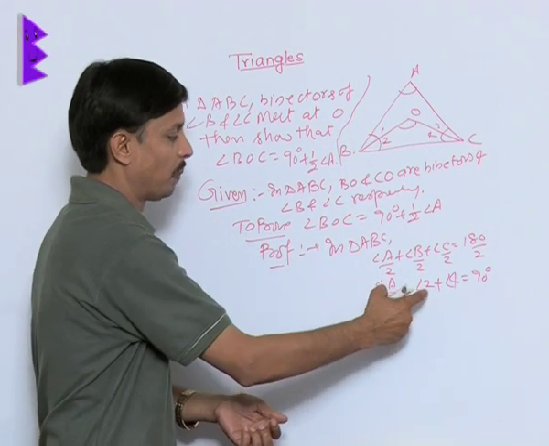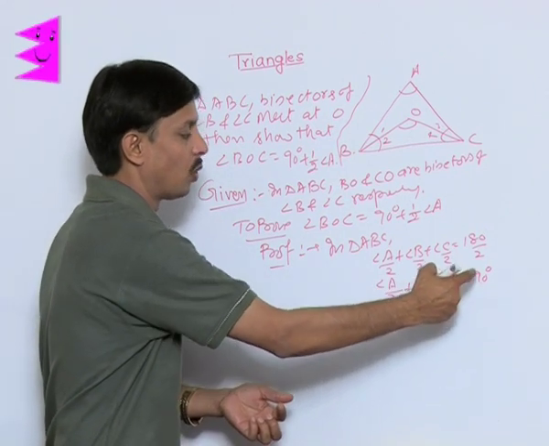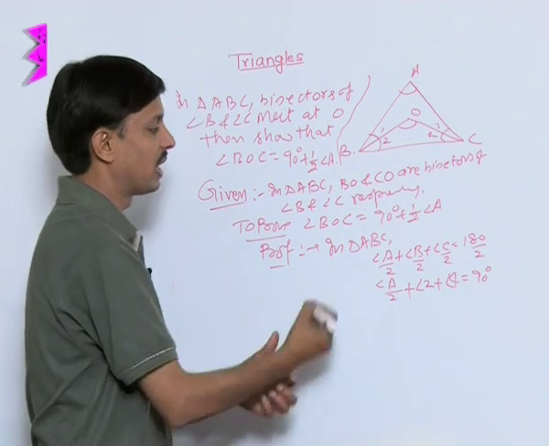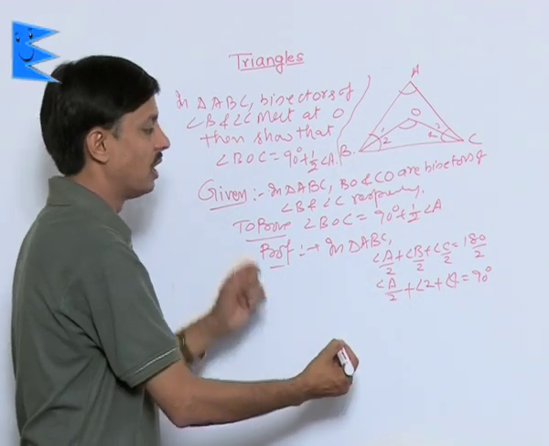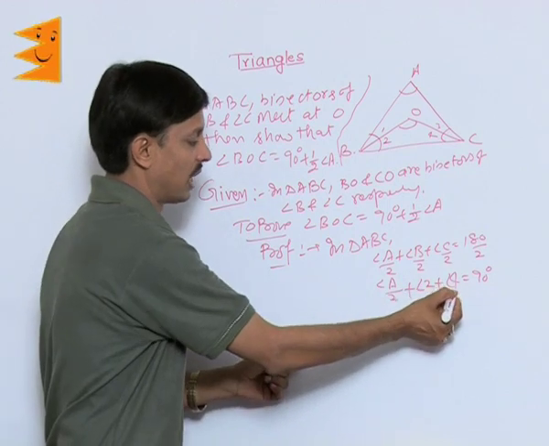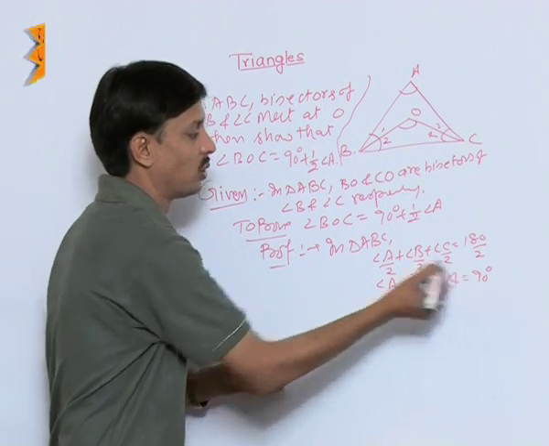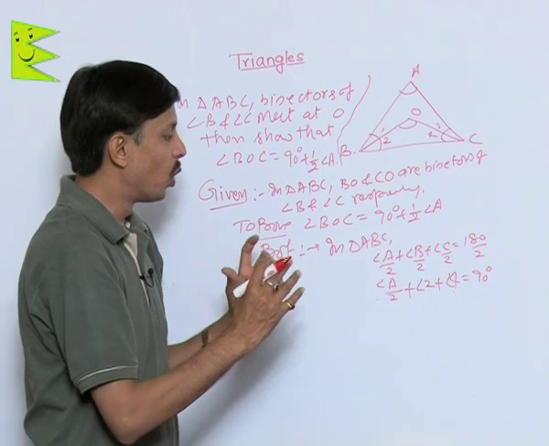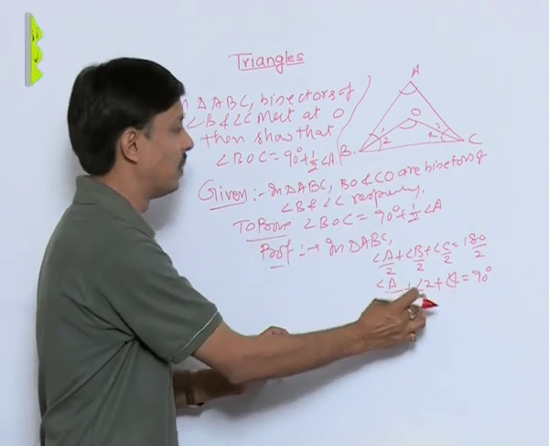So I am writing here conveniently 4, is equal to 90 degrees. Angle A by 2 plus angle 2 plus angle 4 is equal to 90. This I have taken, or from this relation I can say that angle 2 plus angle 4 plus A by 2 is equal to 90 degrees. But no angle BOC is visible here.